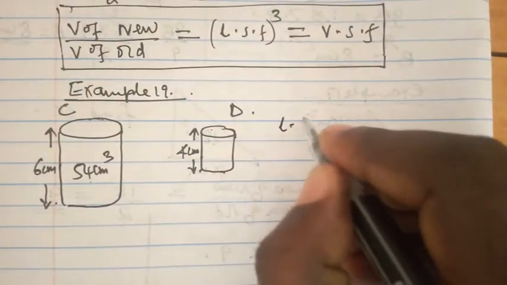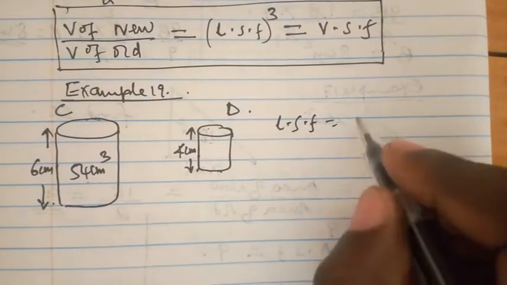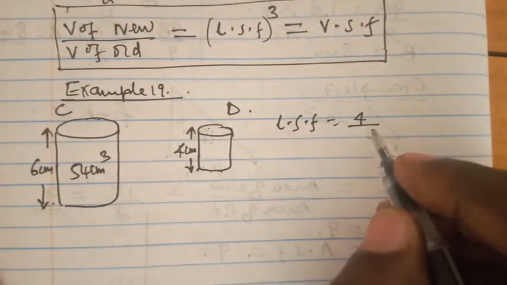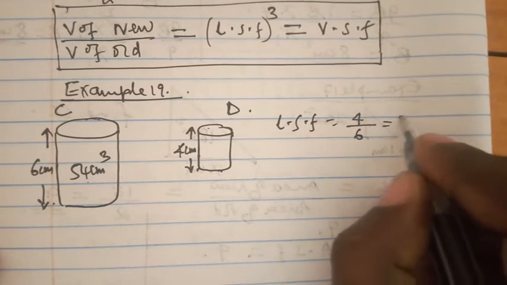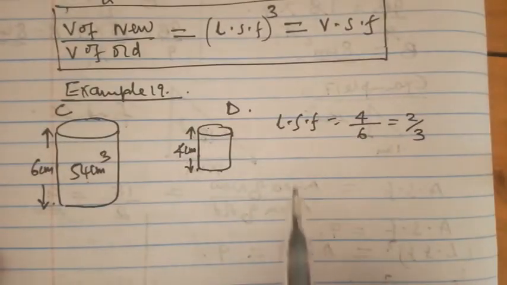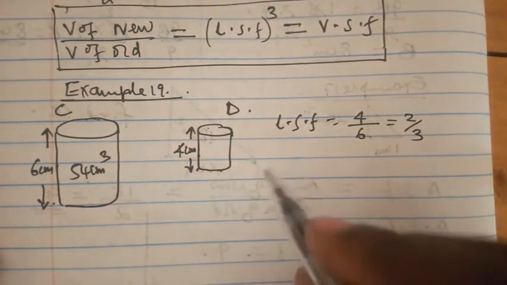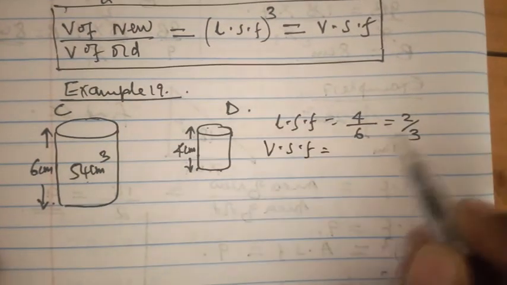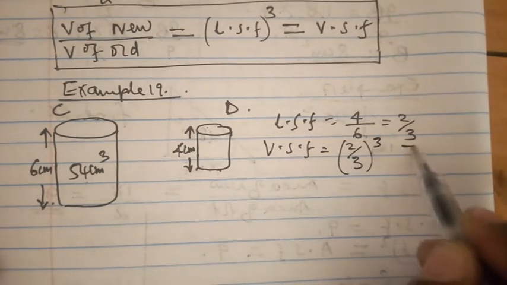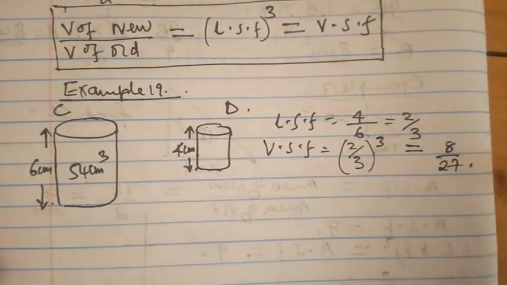So the linear scale factor here is the length of the new, which is 4, over the corresponding height of the old 6, which is basically 2 over 3. Yet we know if we want to get the volume of the second one, then we must be attracted to the volume scale factor, which is the linear scale factor 2 over 3, this time cubed. And it goes without saying, this is going to be 8 out of 27.